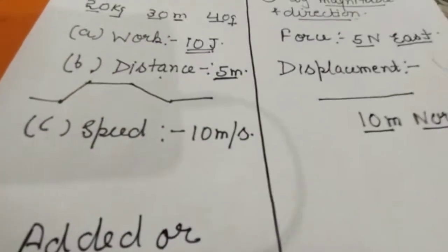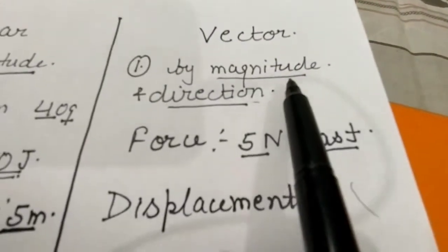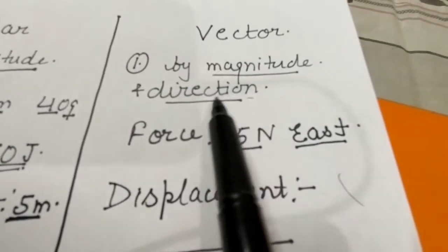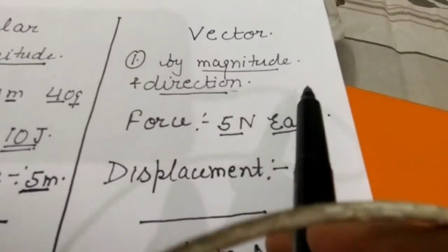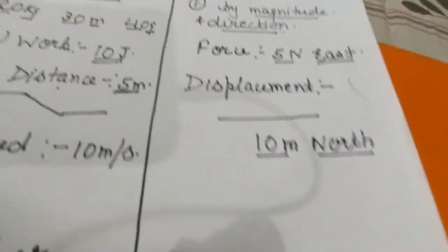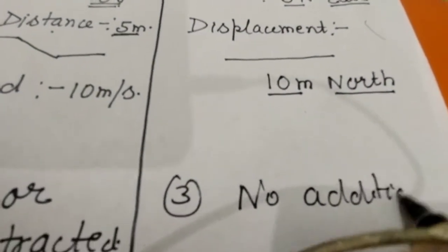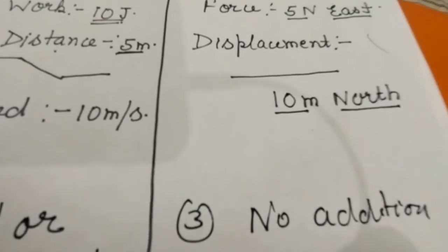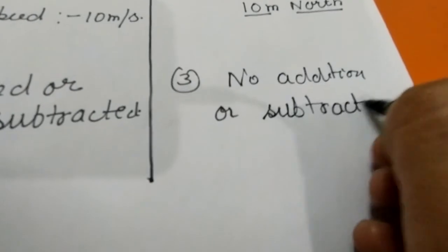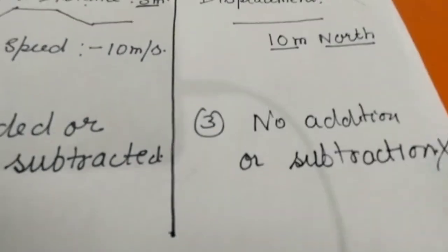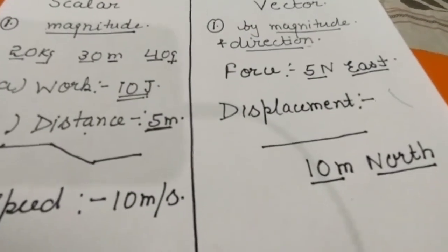So magnitude can be easily added or subtracted, but in vector quantity, magnitude as well as direction are used, so it is not possible to add or subtract the direction, so here we cannot apply these operations. So we can say no addition or subtraction can take place. So this is the major difference between scalar and vector terms.